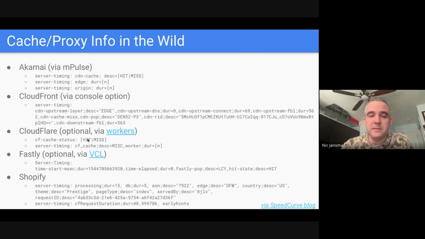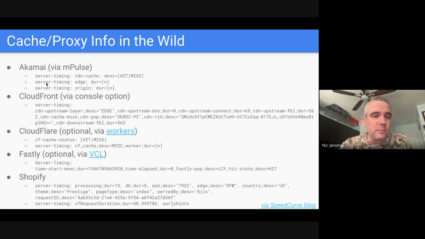Cloudflare has a hit or miss status, maybe duration. Fastly as well has some sort of duration value, the POPs, the cache status, etc. And even our lovely Shopify, who may sit on top of or below one of these, also emits some information in Server Timing headers.